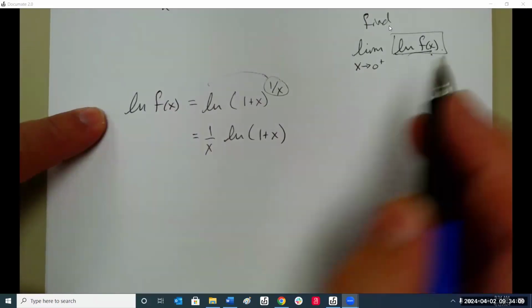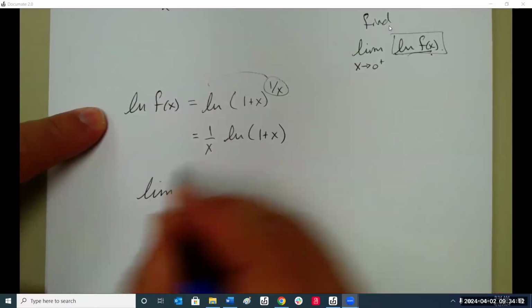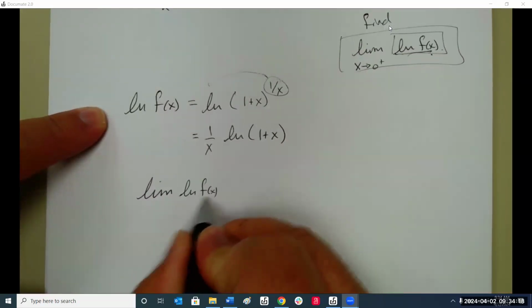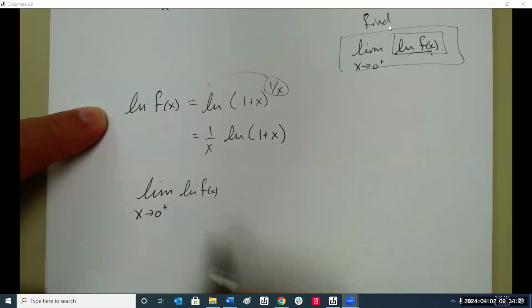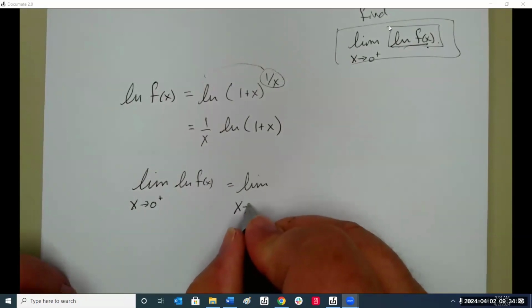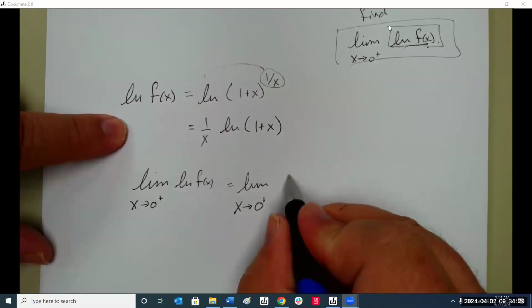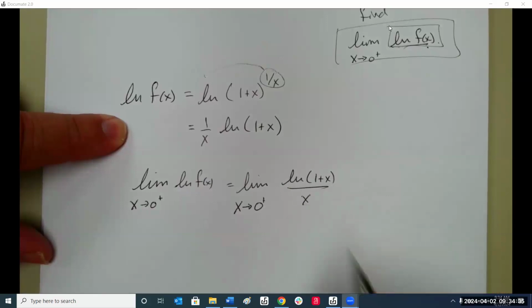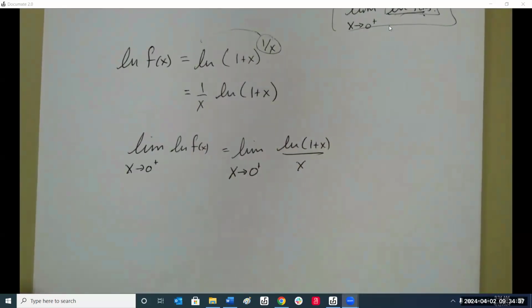So the limit of this function, we're trying to find this. The limit as x approaches 0 from the right gives us the limit of ln of 1 plus x over x. Can we use L'Hopital's rule here?